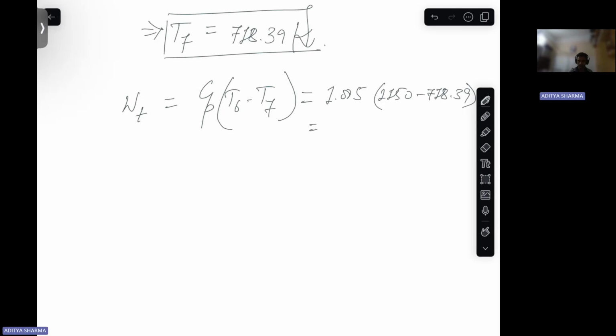And if you calculate this, it will come out to be 433.76 kilojoule per kg.